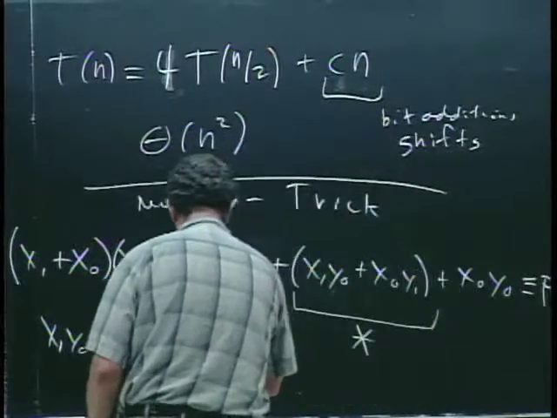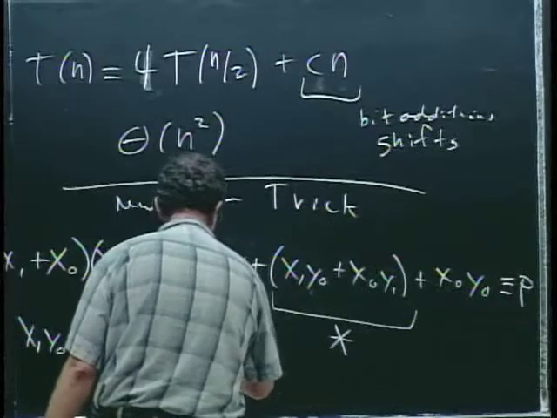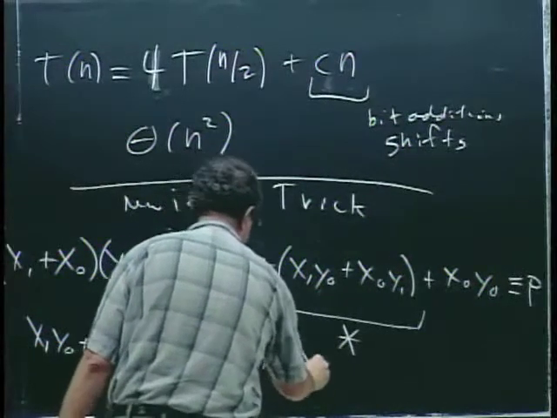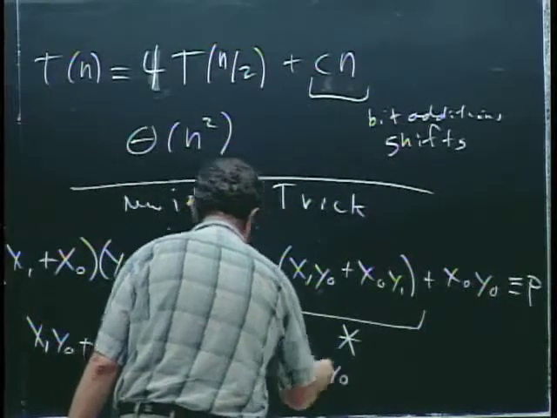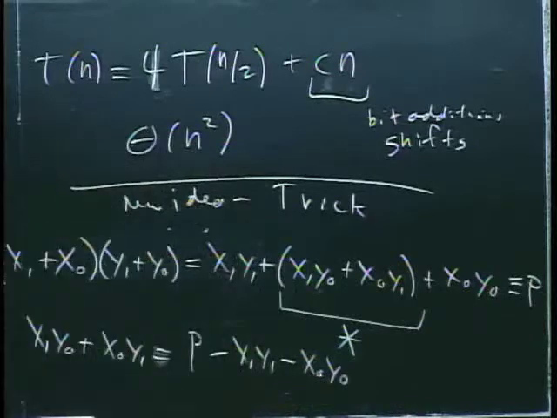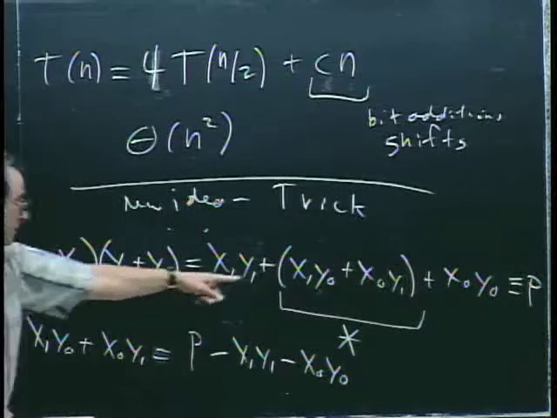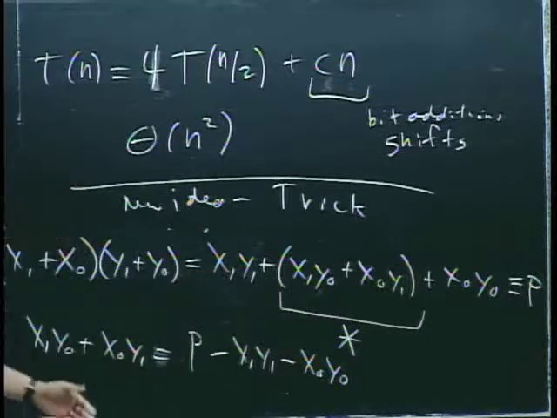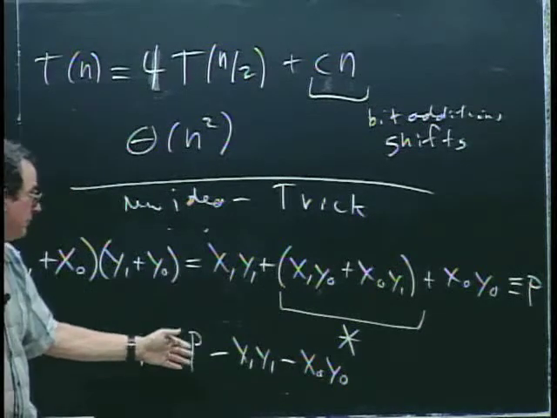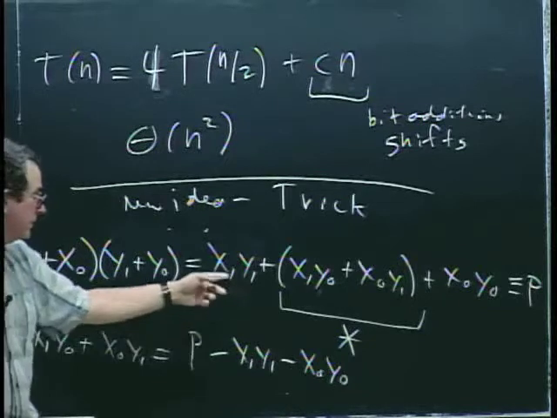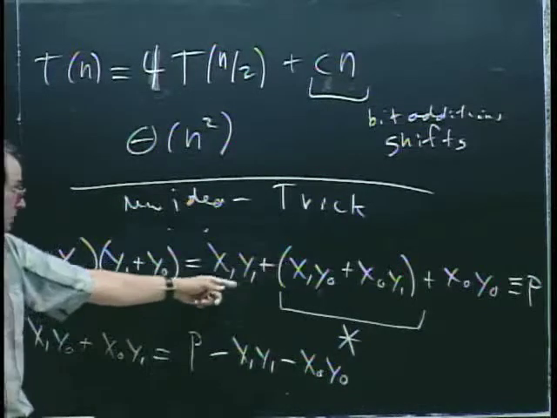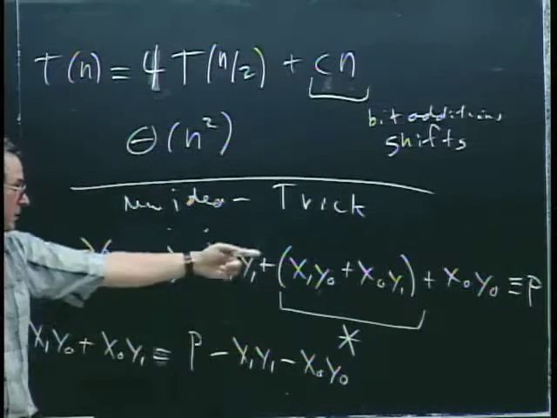It's equal to p minus x1, y1 minus x0, y0. The middle term here that's in parentheses is equal to that whole sum, which I'm calling p, minus the two outer terms, x1, y1 and x0, y0.